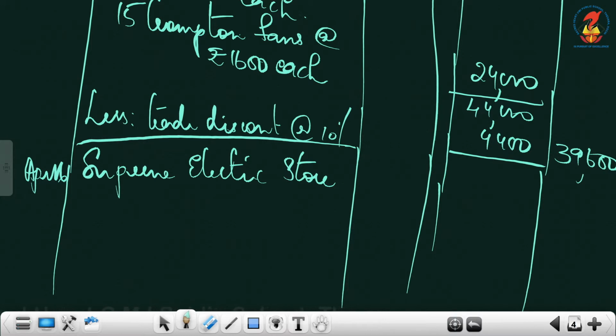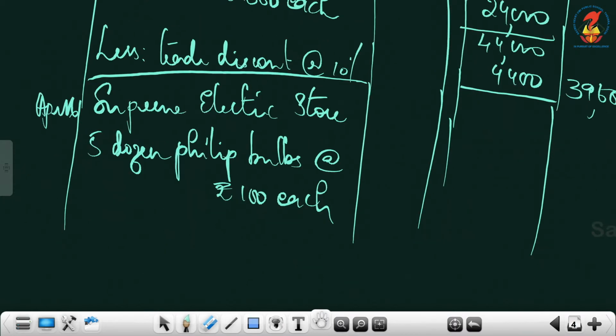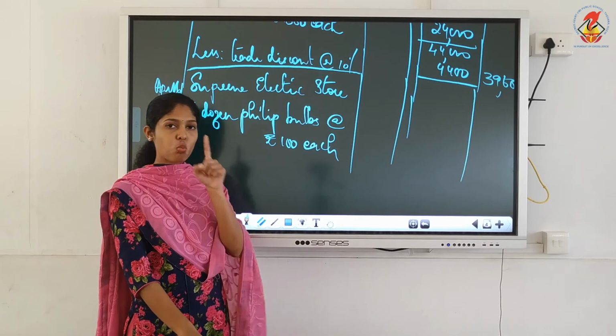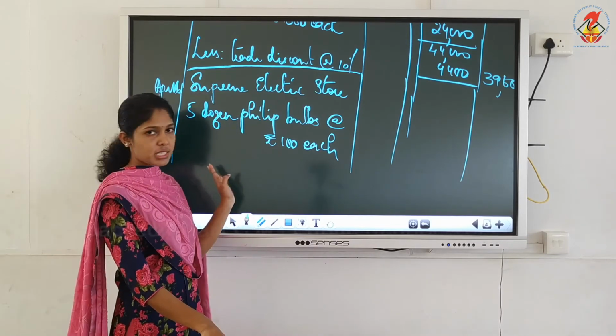The item you purchased 5 dozen Philip bulbs at the rate of rupees 100 each. Okay, see here it is given like 5 dozen. 5 dozen means 1 dozen is 12. So 5 dozen means 5 into 12, it will be 60.